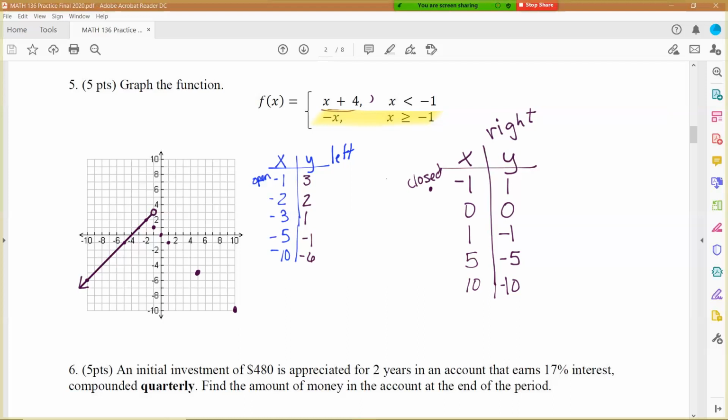When I connect them, which way will my arrow go? Down and to the right. Perfect. So this right here would be my final graph. Questions on this one?